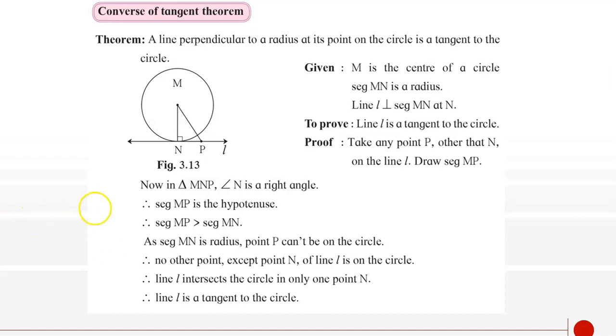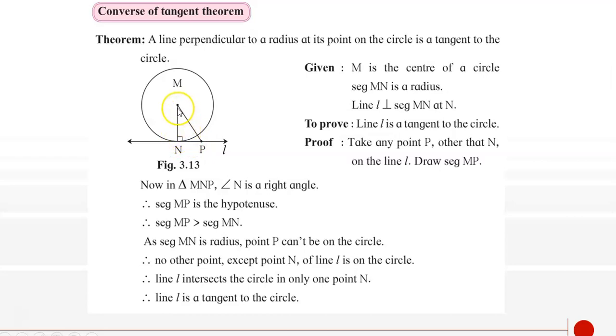We are going to do a particular construction here. Take point P other than N, that means N and P are different, and join MP. Now in triangle MNP, angle N is a right angle.